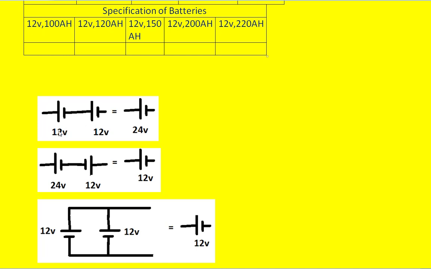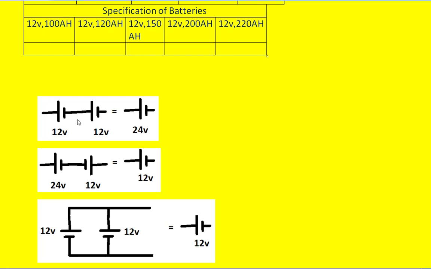Let us say we have two batteries. One is 12 volts, the other is 12 volts. So if you want to have a 24 volts battery, you can simply connect them in series like this. But while connecting these batteries in series, you have to see that the negative terminal of one battery should be connected to the positive terminal of the other battery.